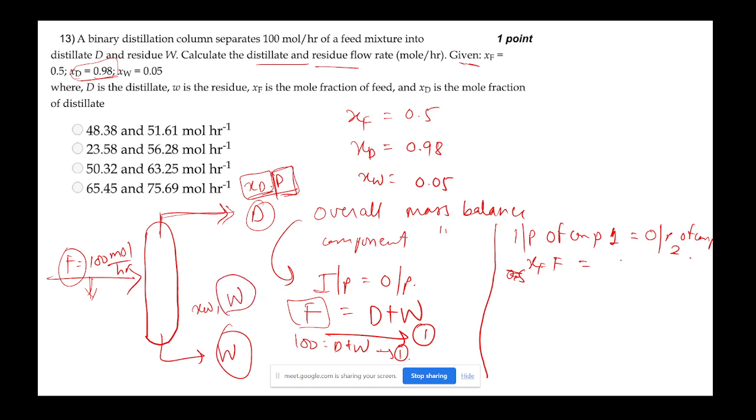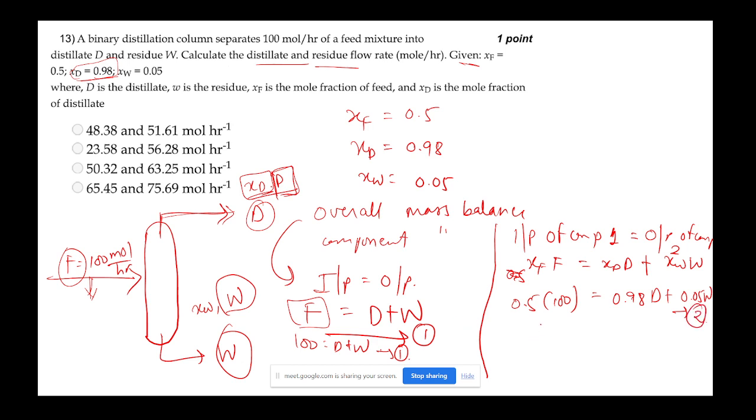So output will be XD into D plus XW into W. Now if you substitute the values, XF is 0.5 into 100 equals XD is given as 0.98, D is to be found out, XW is 0.05, and W also needs to be found out. So this is equation number 2.